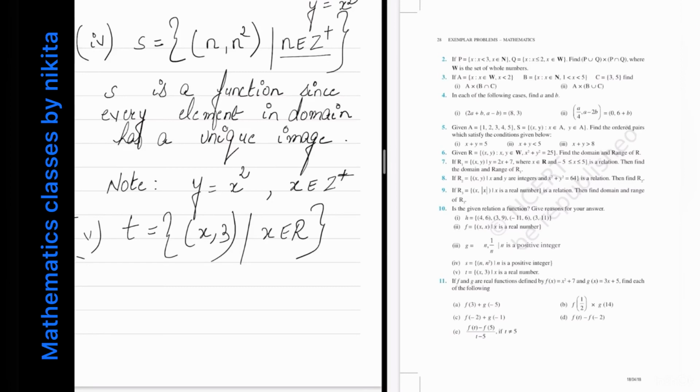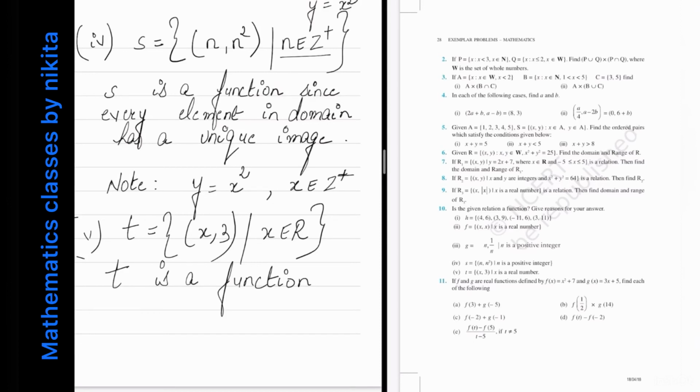But all the x are related to 3, so it is like many to 1. So again this is a well defined function. So I'll write t is a function because for every x I have a unique element, and that unique element is 3. This is not creating any problem that all the x are related to 3. It is not creating any problem.